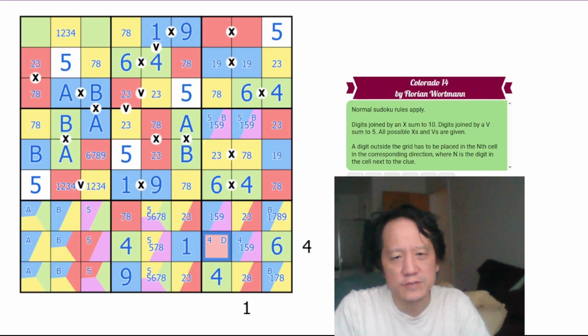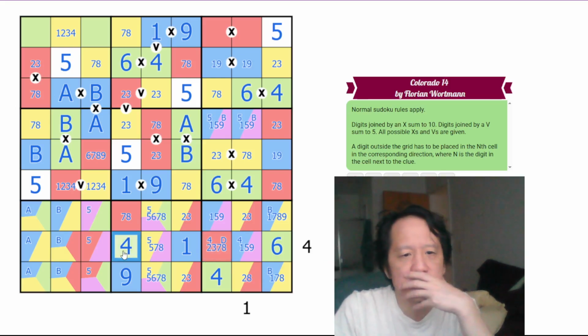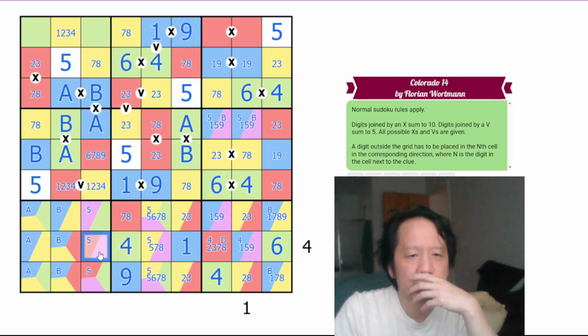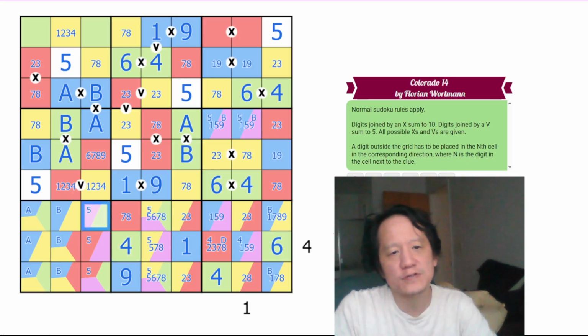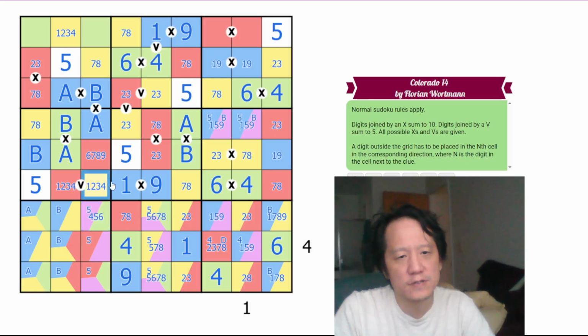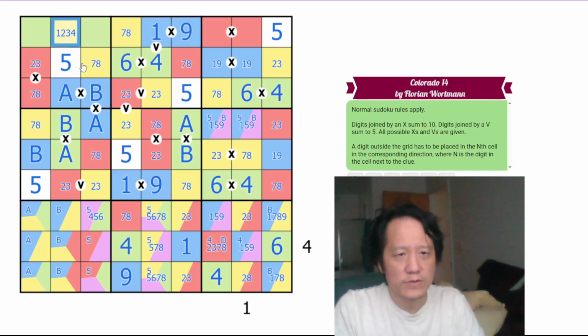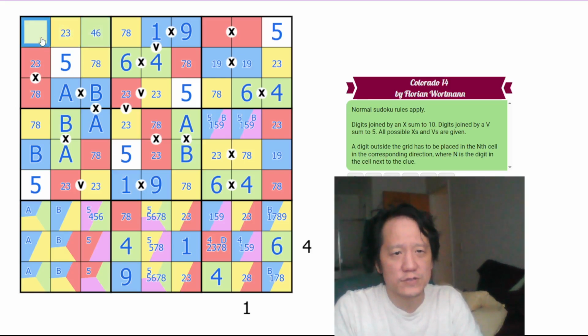We don't know what this is. This is 2, 3, 7, 8. This is obviously 4, 5, or 6. No 1, 4, no 1, 4, no 6, 9. No 1, 4. This is 4 and 6.